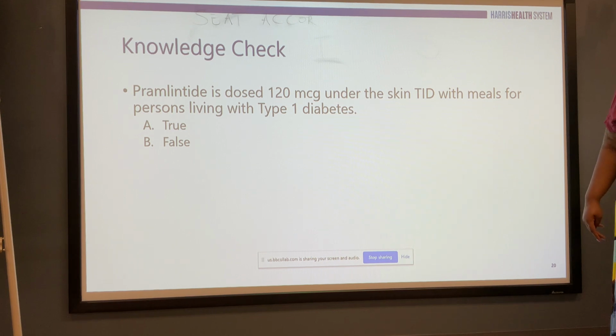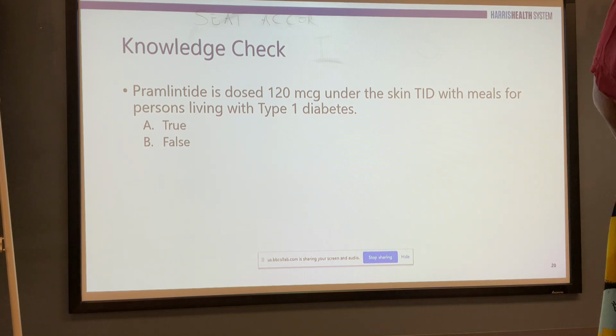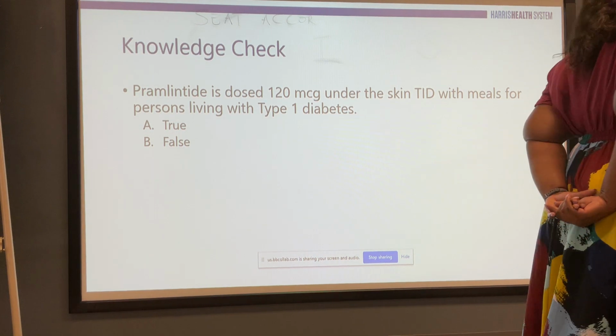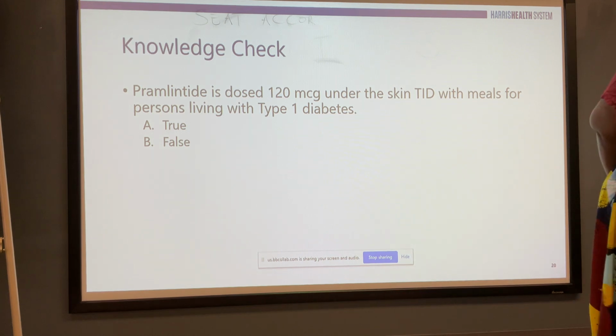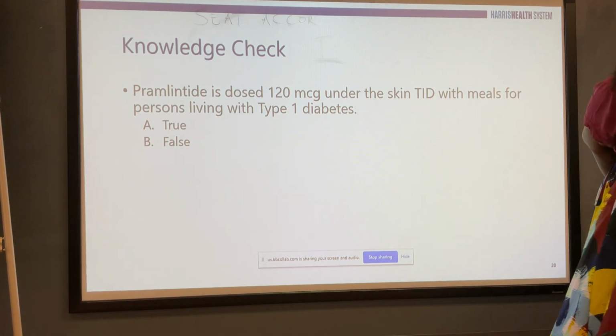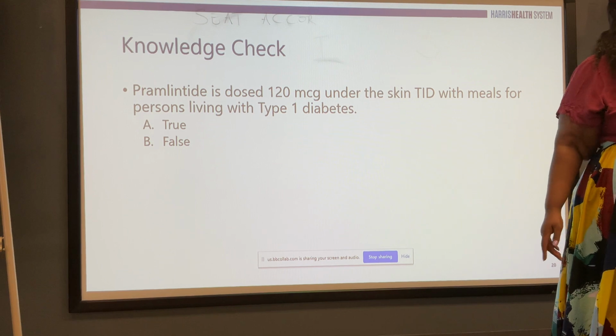I saw a second hand. I have two things. When we were talking about the amylin analog, you said you would see the gold stars. I don't have any gold stars. On your student view, you will not have gold stars. I want you guys to be paying attention.